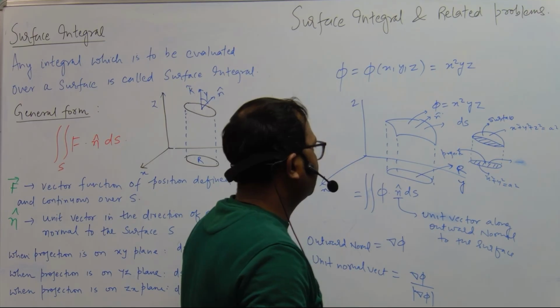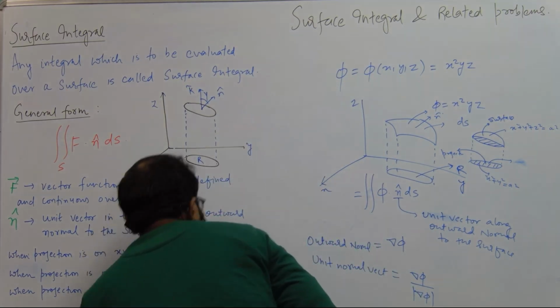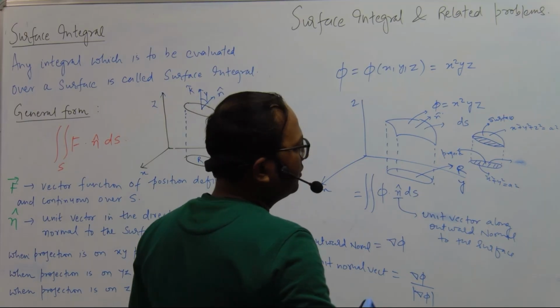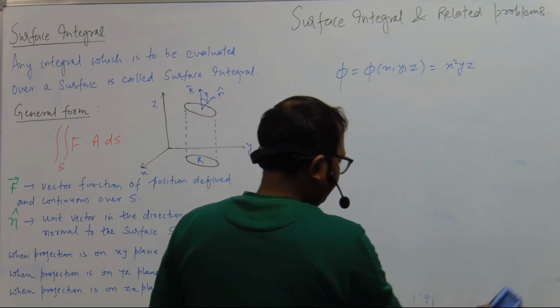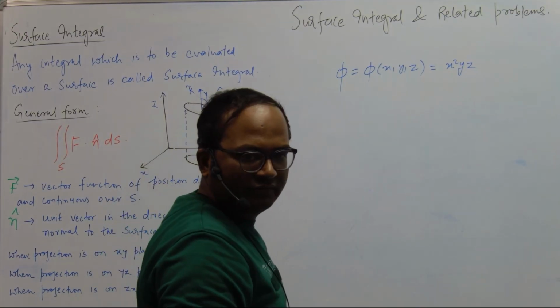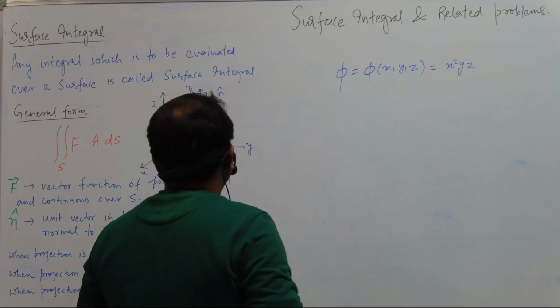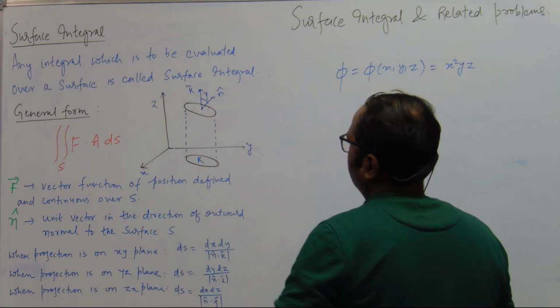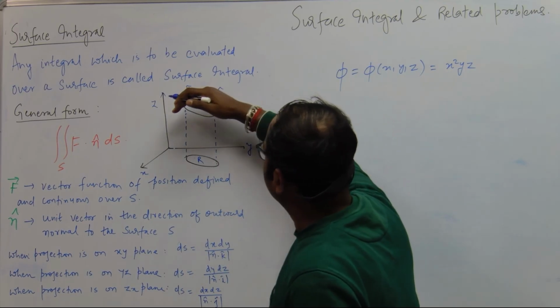Let us understand how to find the value of ds from this diagram. We have a surface, this is our surface S, a curved surface.